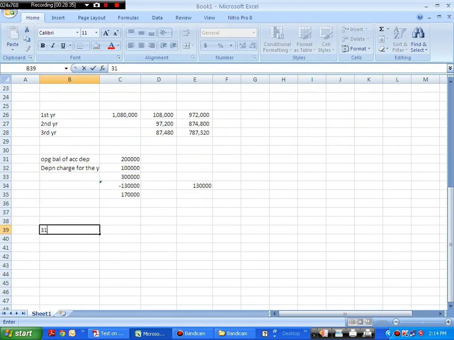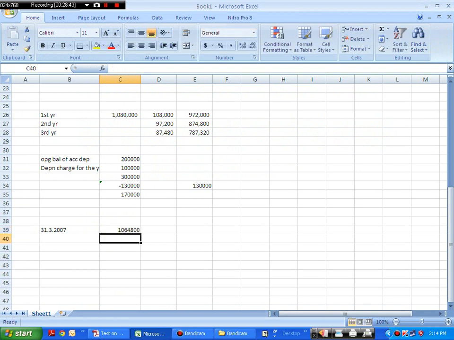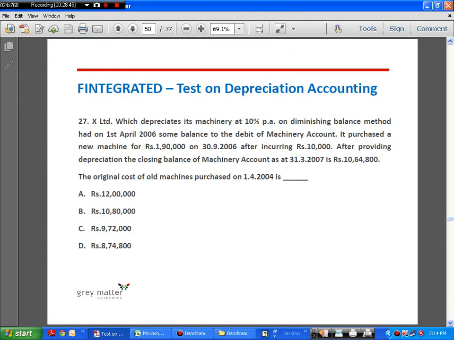On 31/3/2007, the written down value of the machine is 10,64,800, right? And this 10,64,800, we have to keep in mind, includes not just the written down value of the old machine, it also includes the written down value of the machine that was purchased 6 months back, that is on 30/9/2006 for rupees 2 lakhs, right? That is, I'm including the 10,000 rupees for installation or freight or whatever, right?